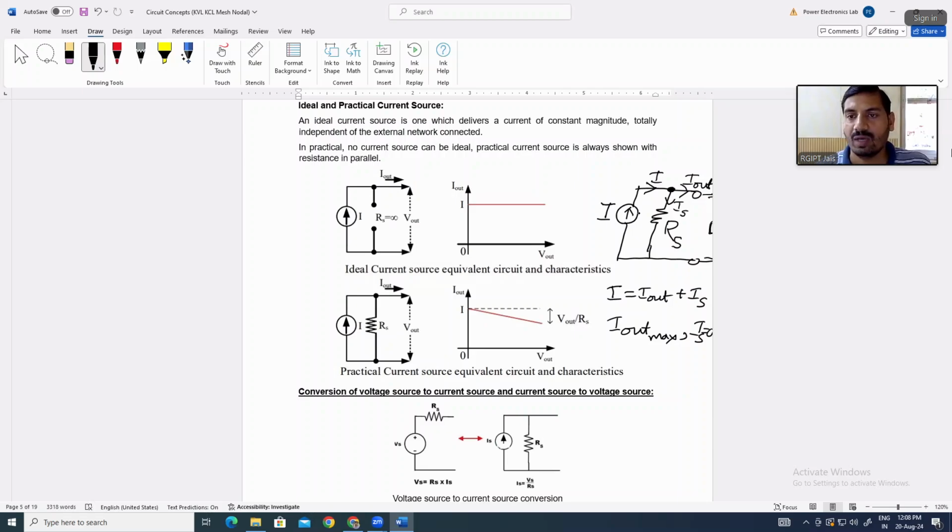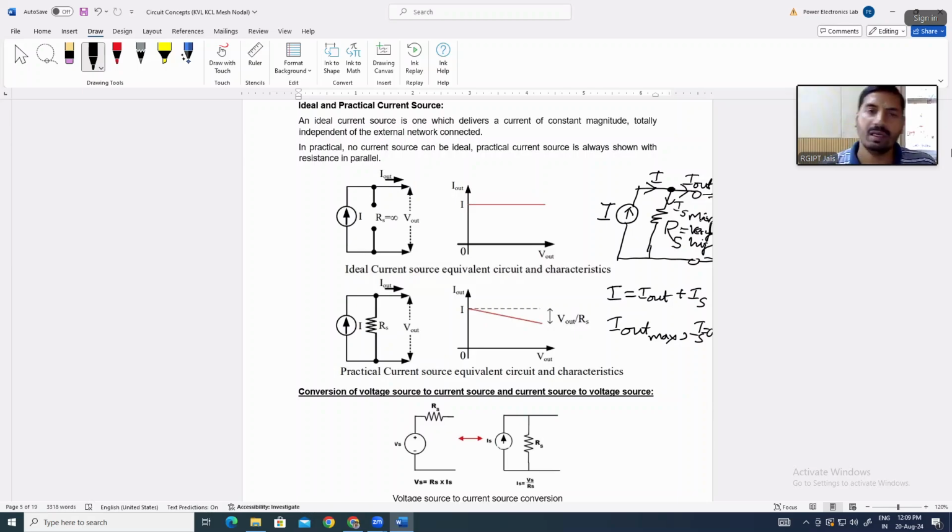So RS must be very high so that there will be very minimum leakage current towards this parallel internal resistance of the current source. That's why RS will be very high in the case of a practical current source.